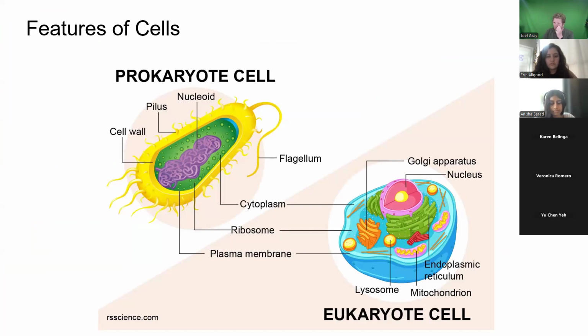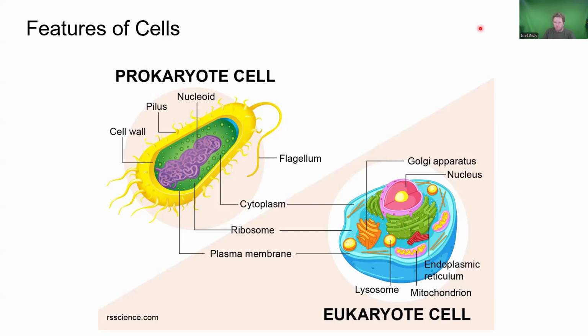For instance, eukaryotes harbor their DNA in a membrane-bound organelle, and membrane-bound organelles are maybe the most significant and important difference between the two different types of cells. Another big factor is that a eukaryotic cell is about 10 times larger, at least, than a prokaryote.